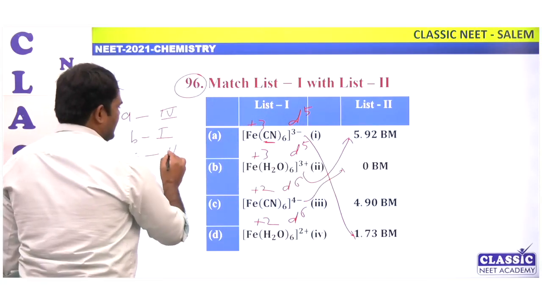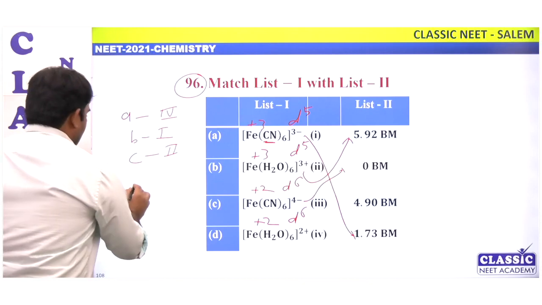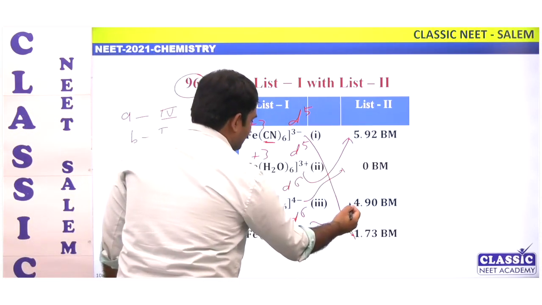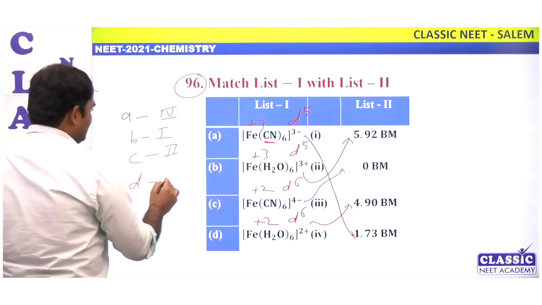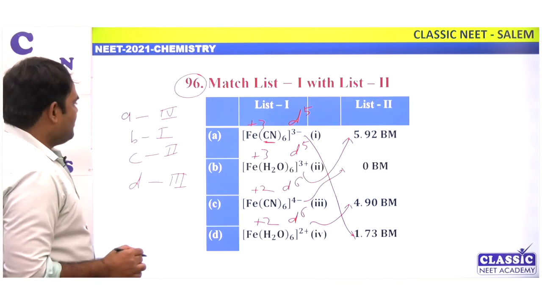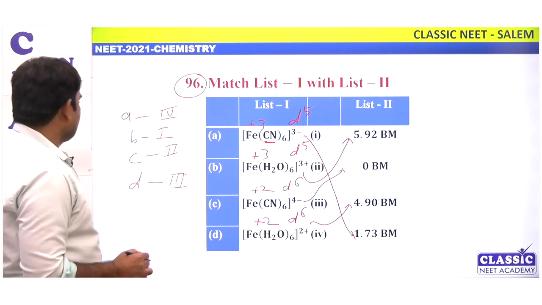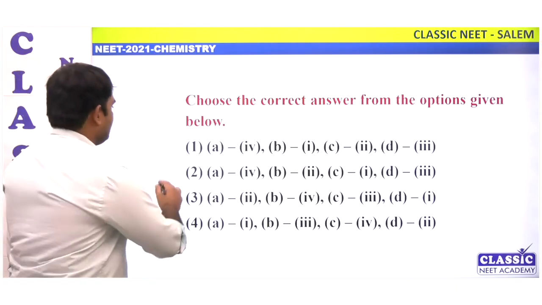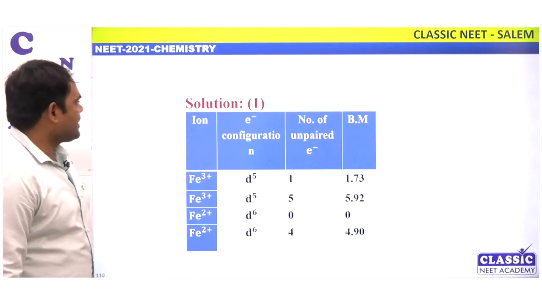So C second. And what about the D? After that, whatever remains, so D will be the third. We can check: A fourth, B first, C second, D third. Yeah, so the first one is our correct answer.